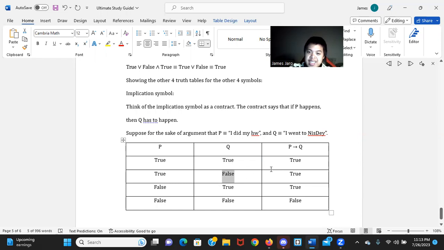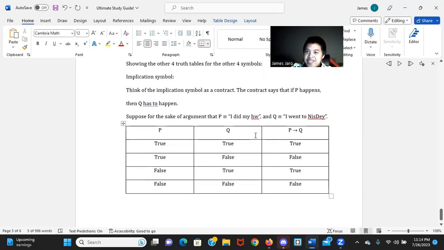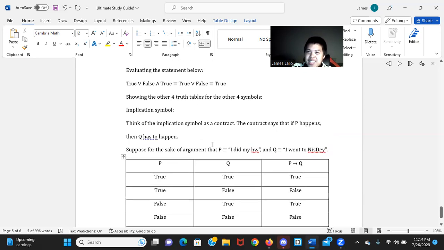Well, I didn't get to go to NISD even though I did my homework. So I know that the contract is a lie. It didn't work. It's the idea of my parents lying to me. They just got me to do homework for free. Sad face. But that's the idea with that row.